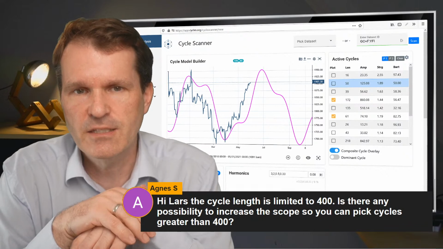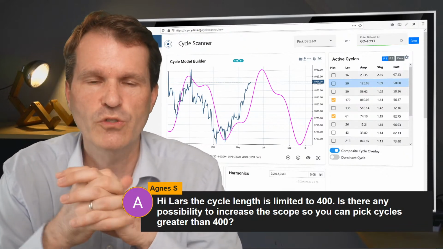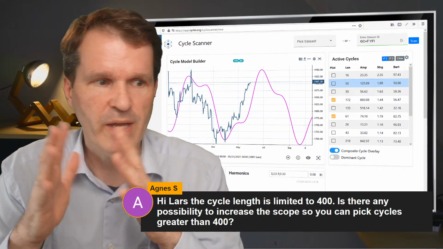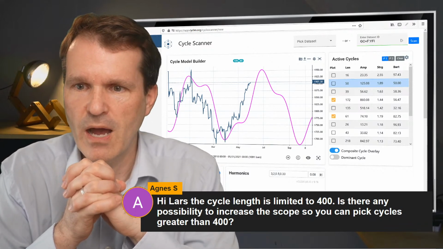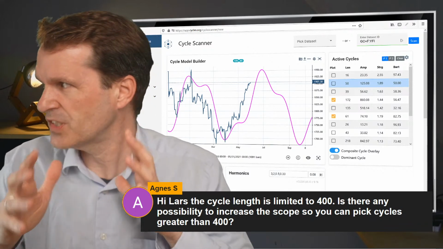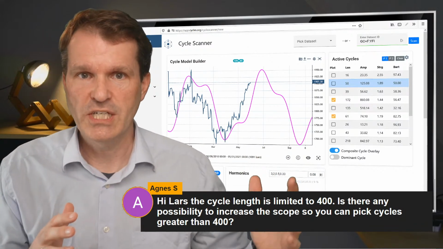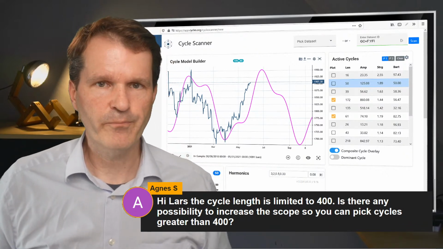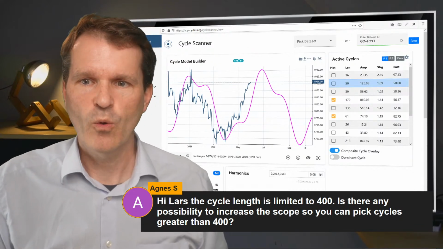So that would be my first recommendation. If you want to look for longer cycles, use a longer time aggregation scale. Otherwise, using longer cycles on daily data, you need to ensure that you have a much longer history on the daily time frame. Then we can extend it. That can be done, but to do it right now, just switch to the weekly data set.